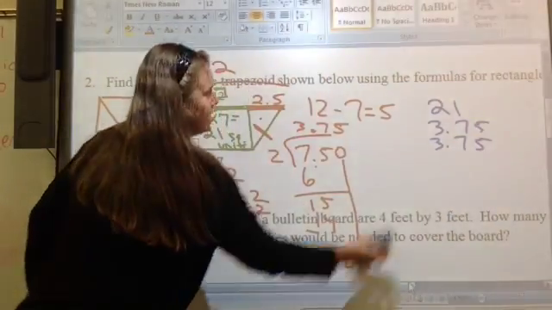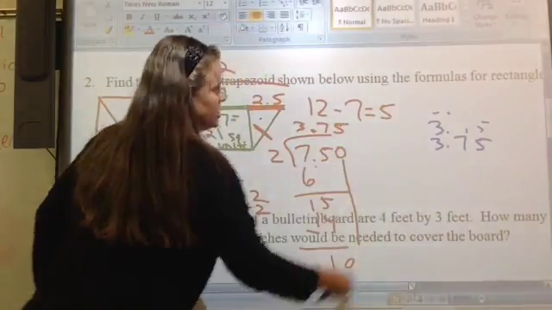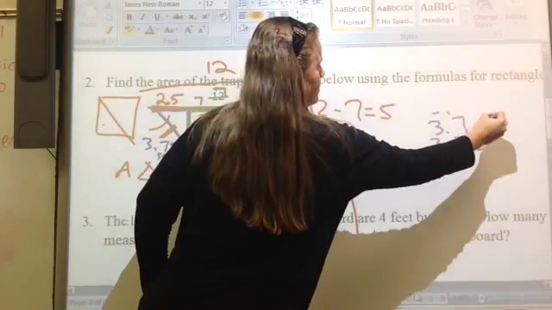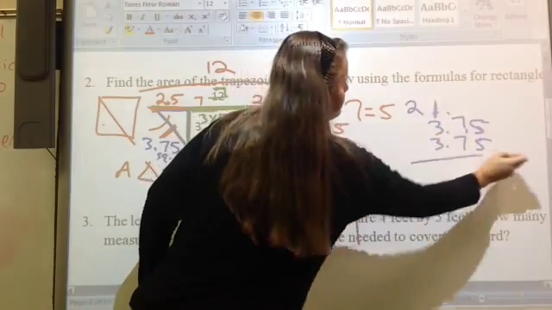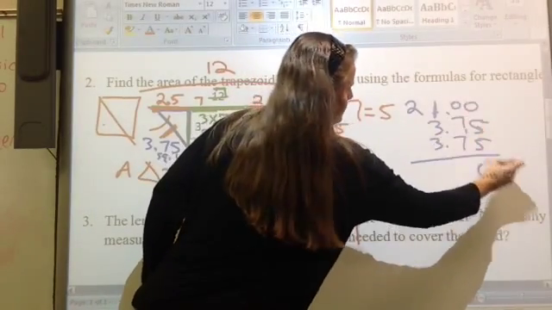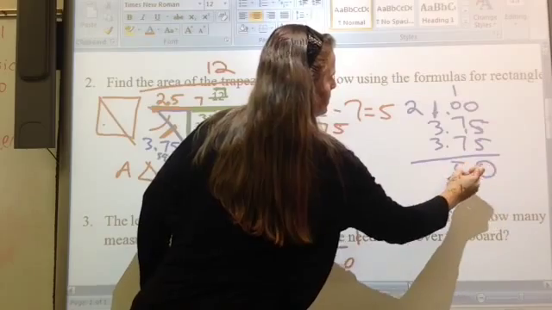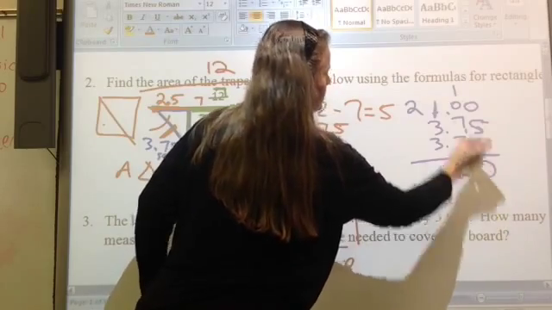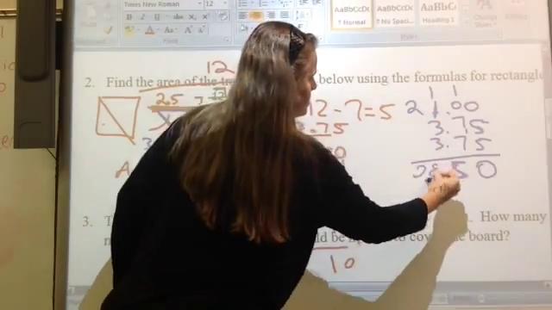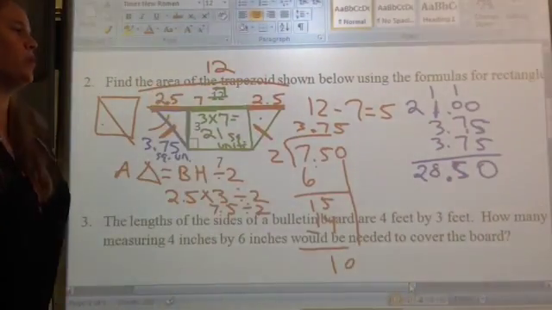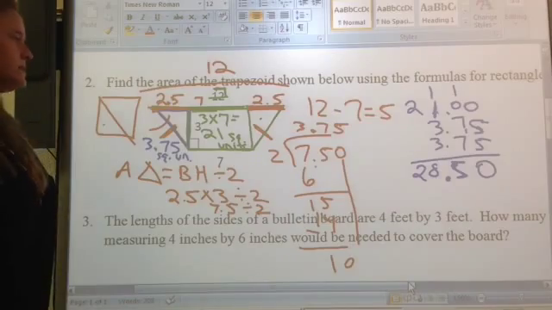I need to line up my decimal place, so let me adjust that. There we go. So my total area is 28.5 square units.